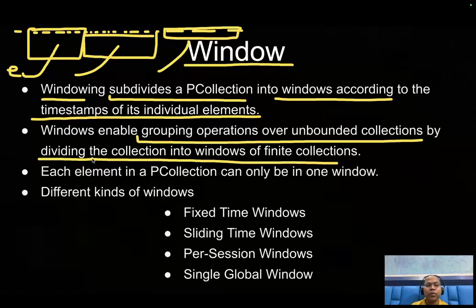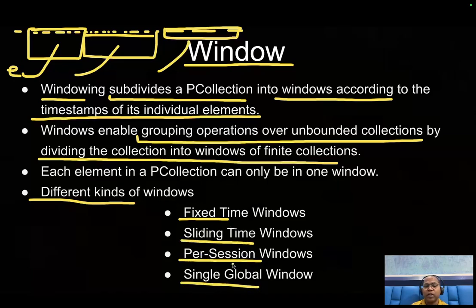Due to that, the Apache Beam model provides different kinds of windowing strategy: fixed time window, sliding time window, per session or session window, or the global window. These are the strategies we choose as per our application need.